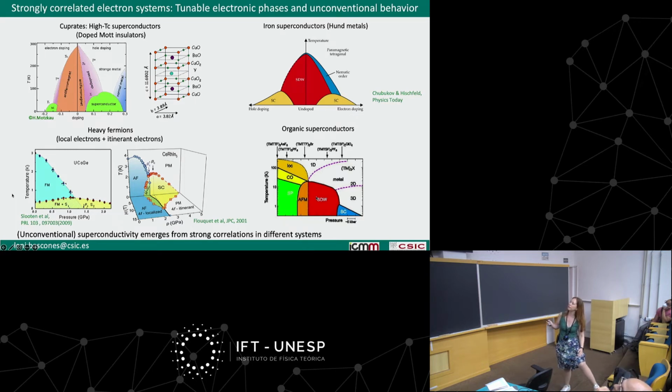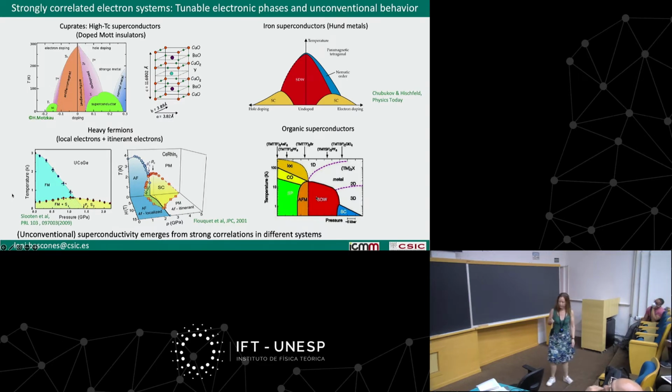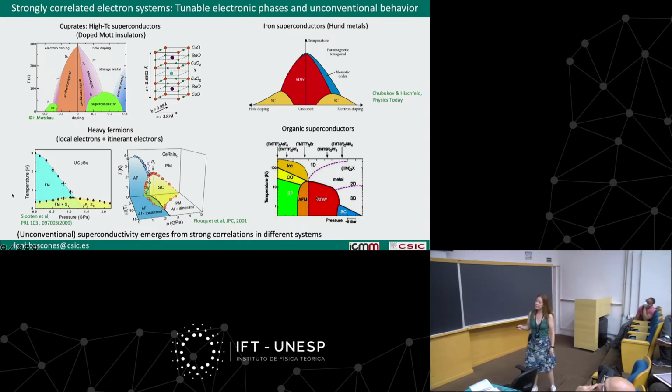What you can see in general is that the phase diagrams are very complex. They have different phases that we can tune just by changing a bit the doping, magnetic field, or pressure. So these really give this rich behavior. And in many cases, in fact, we find superconductivity, which is normally unconventional.